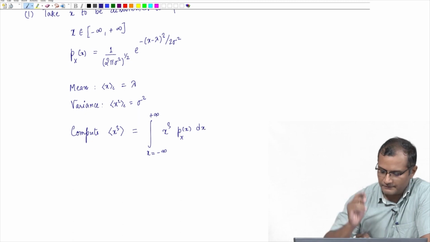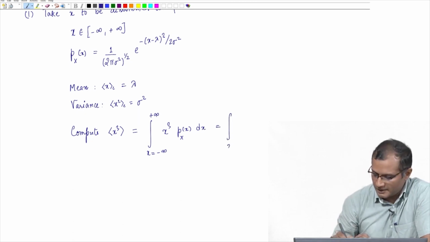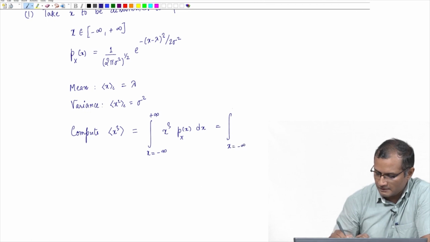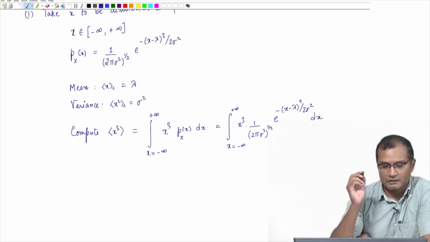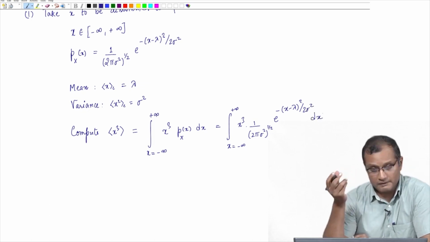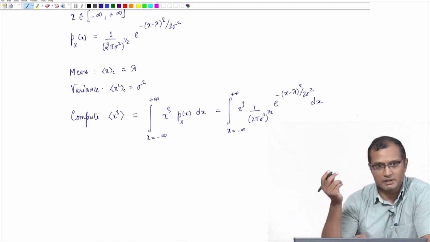So, my distribution is p of x dx. Basically I am forced to evaluate this integral: x cube into 1 upon (2 pi sigma square) e raised to minus (x minus lambda) square over 2 sigma square. You can solve this integral by a simple variable translation.